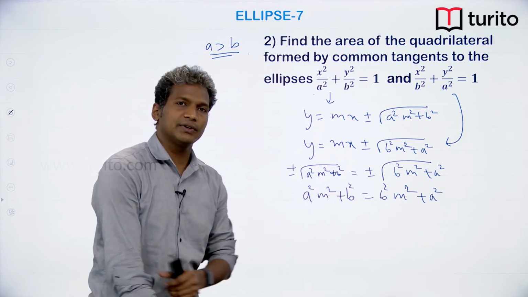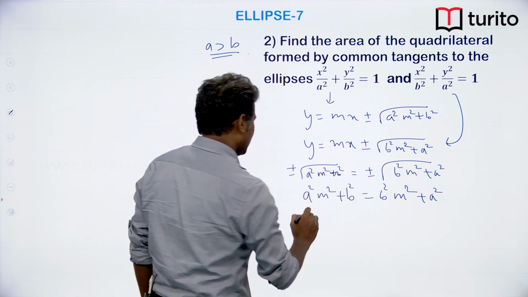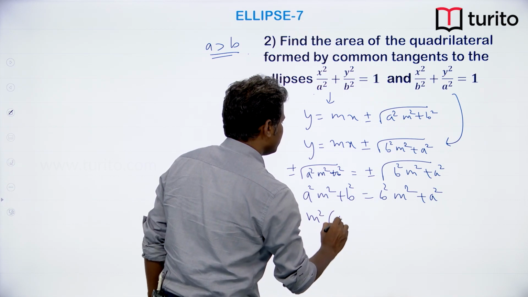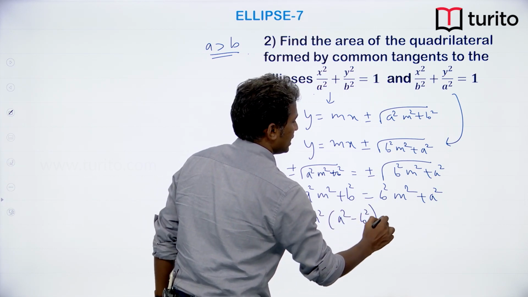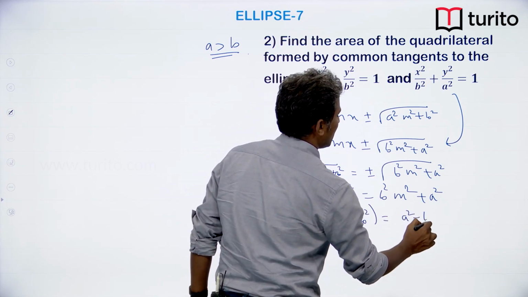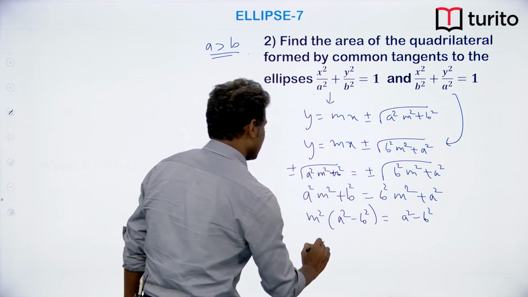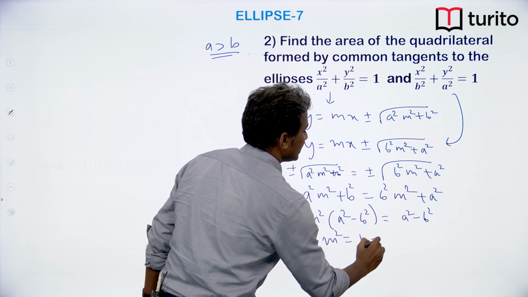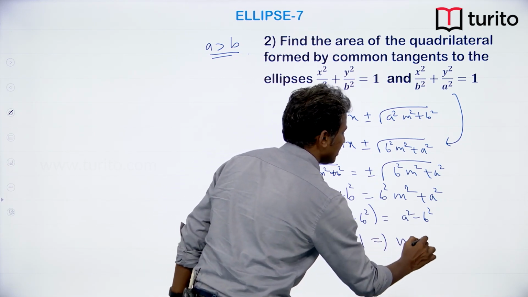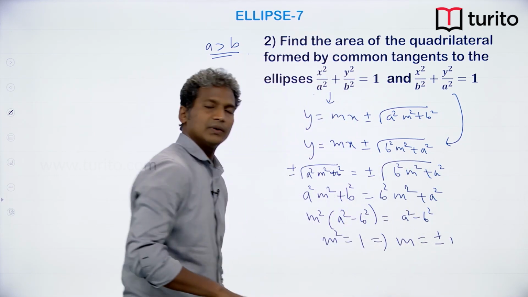Now, try to solve for m. I will take all terms with m on the LHS and all constant terms to the RHS, and luckily a square minus b square is cancelled and hence we are getting m square equal to 1, which means m equal to plus minus 1.